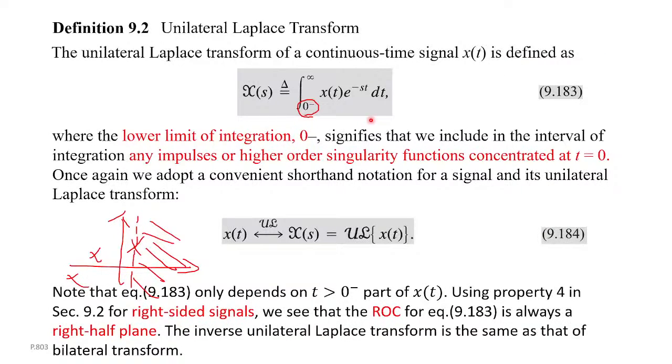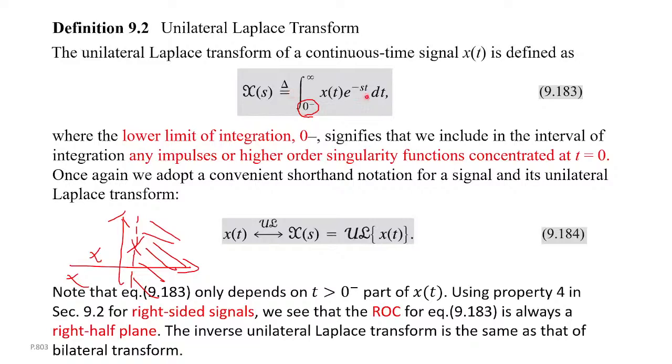And then we have our unilateral Laplace transform. It's similar to the Laplace transform, the difference is that instead of integrating from minus infinity, you integrate from 0 minus. So 0 minus means that you include the impulse at 0. But anyway, that's the unilateral Laplace transform.